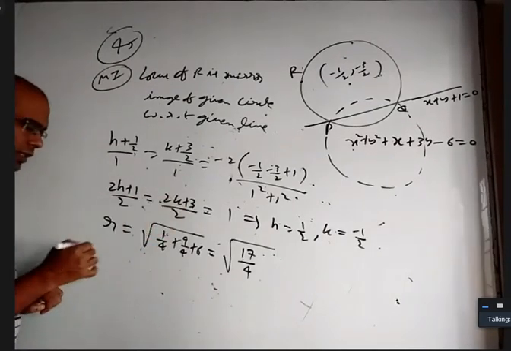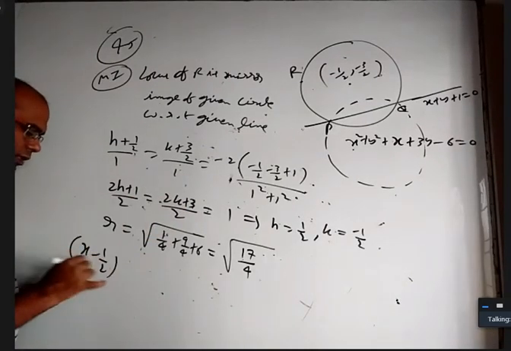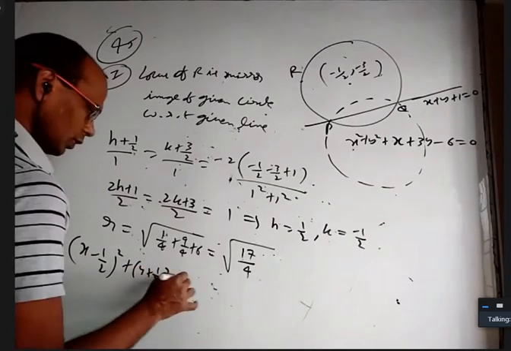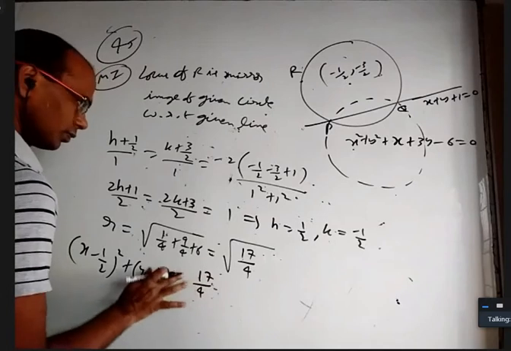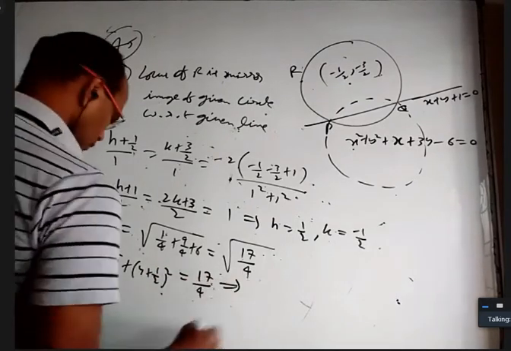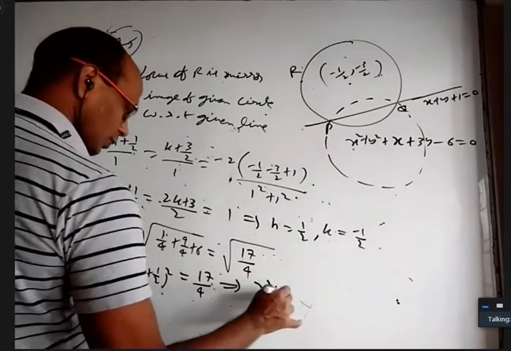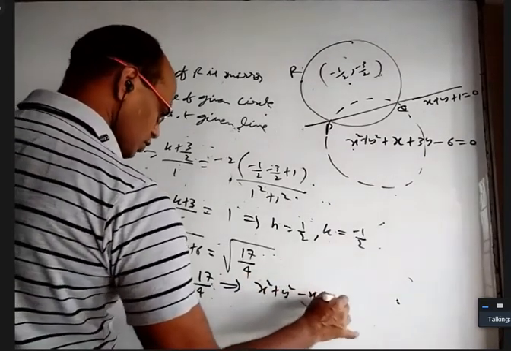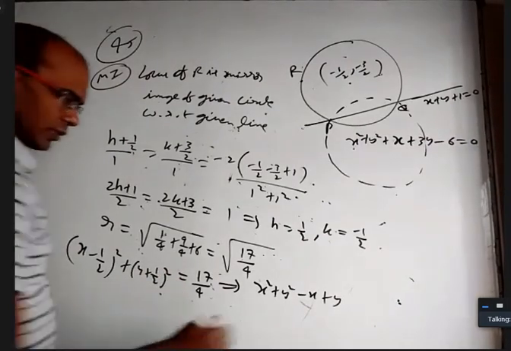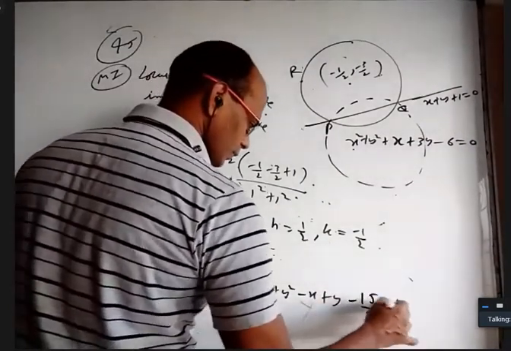Now you know the center and radius, so the circle equation is (x minus 1 by 2) whole square plus (y plus 1 by 2) square is equal to 17 by 4. That is x square plus y square minus x plus y, 1 by 4 plus 1 by 4 is 1 by 2, minus 15 by 4 equal to 0.